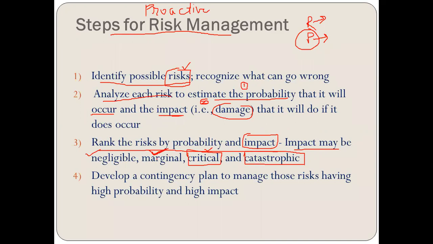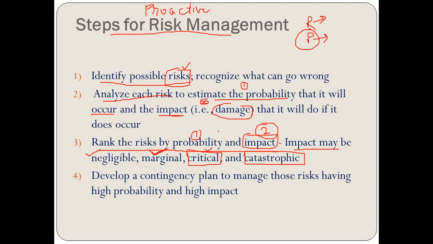On the basis of this impact, we are going to define the level of the impact and estimate the probability, and according to these two parameters, I'm going to rank the risk, right? That means which one will have the higher priority. So I'll rank this particular risk in the priority.